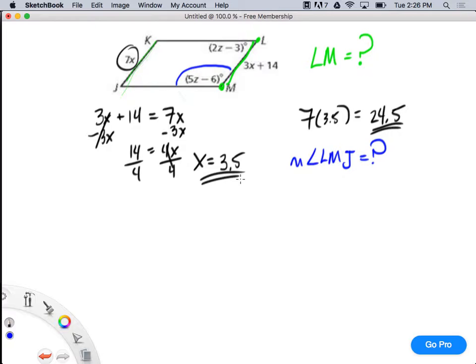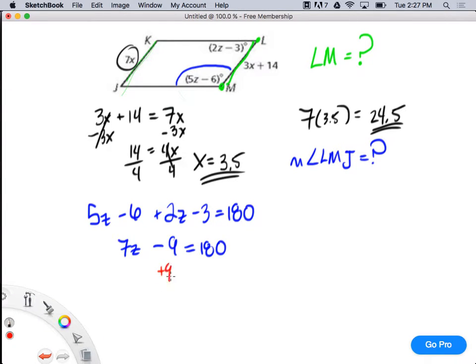All right. So if they're supplementary, what do their measures add up to? 180. So I do 5z minus 6 plus 2z minus 3 equals 180. Clear? Combine like terms. 5z plus 2z is 7z. Minus 6 minus 3 is minus 9 equals 180.